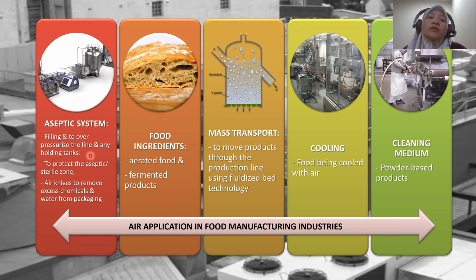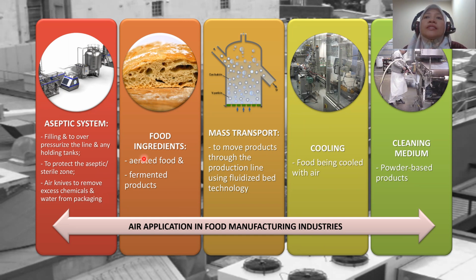Air is also used to protect the aseptic or sterilized zone, so we really need to filter the air here to meet regulatory standards. And air is also used to form an air knife to remove excess chemicals and water from packaging. This air knife is commonly used after retorting your products.